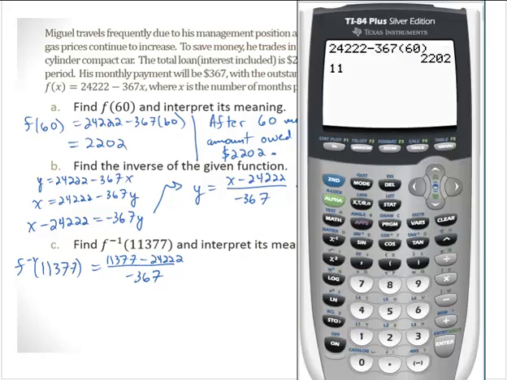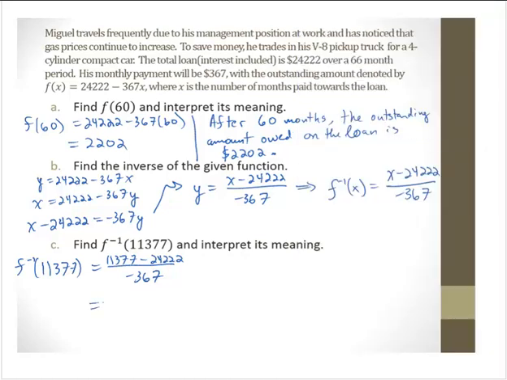Let's put this in parentheses, 11,377 subtract 24,222 and divide that by negative 367, and we get 35. Oh, I wrote 37, that should be a 35.